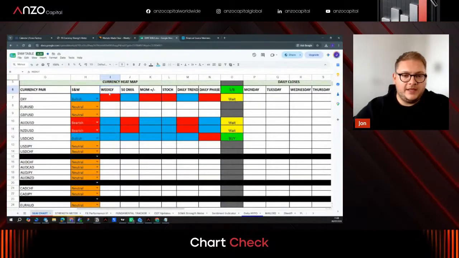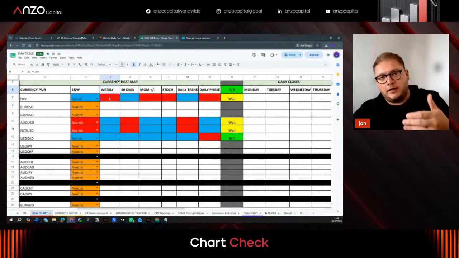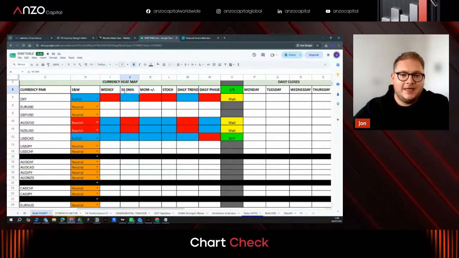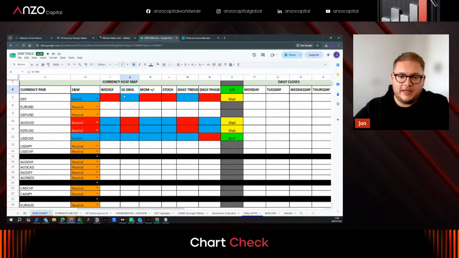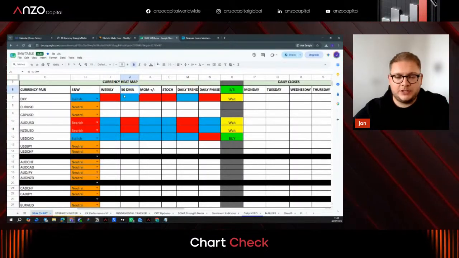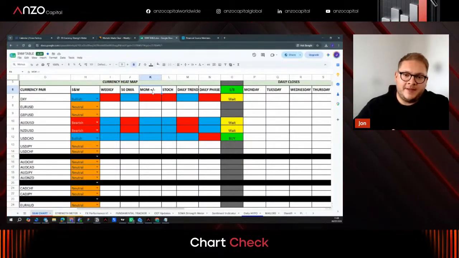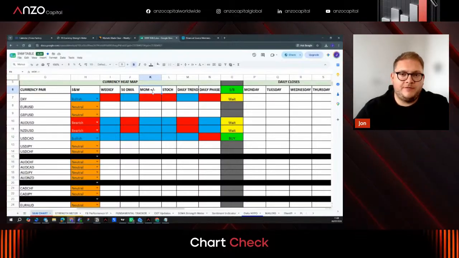I'm looking at the weekly close. So how did last week close? Did it close in line with my expectations? Is it a bullish close, bearish close? Is price trading above the 50 daily moving average? If it is, I see that as bullish. If it's below, bearish. Then I look at what's known as momentum, plus or minus, and that is derived from the 50-day moving average.